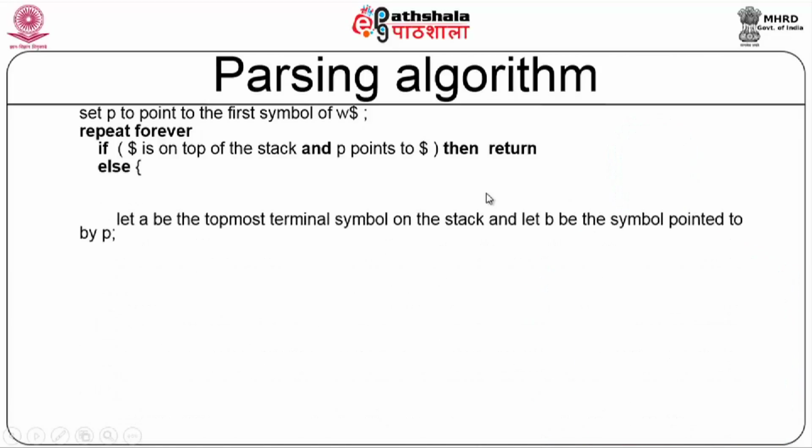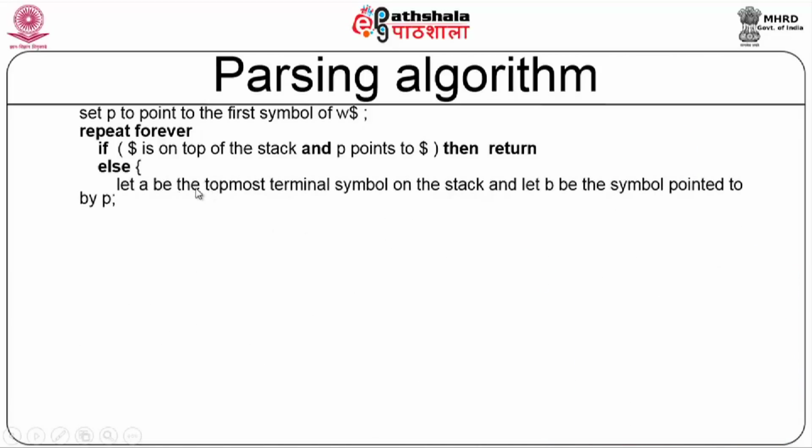Else, let A be the topmost terminal on the stack, and let B be the input symbol pointed to by P. Supposing A is less than B or A is equal to B, this means that A has a precedence less than B or A has a precedence equal to B. Then you do a shift action.